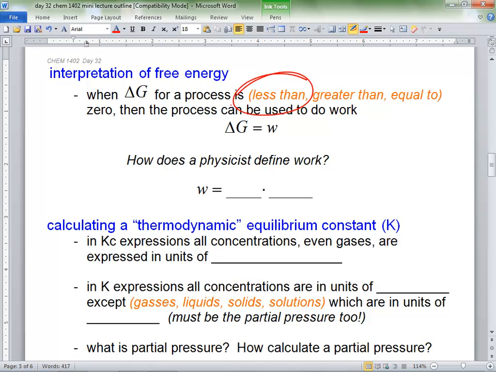Anyone remember? Force times distance. Pushing on the chalkboard, did I do any work? No. Force times distance. So that's probably more information than we need to know. But the point is it needs to be a natural process for you to use it to do work.